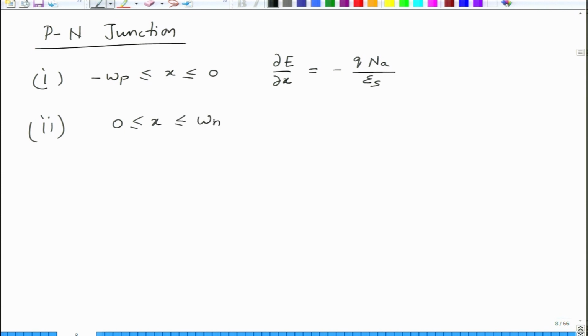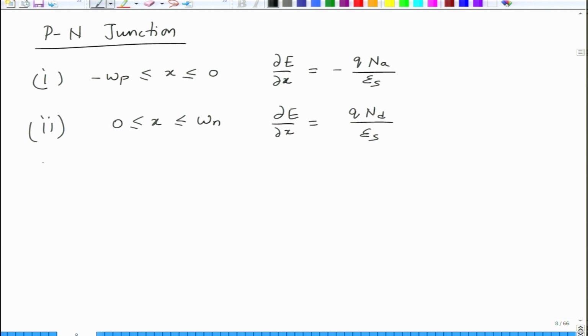For the region on the n side, x between 0 and Wn, it would be del E upon del x being equal to q N_D divided by epsilon S, by the same analogy, right. On one side you have positive charges, on the other side you have negative charges.